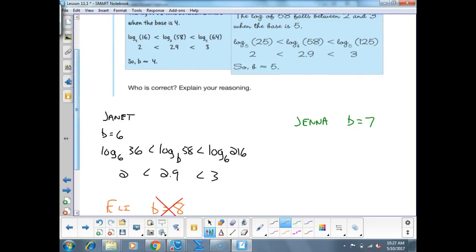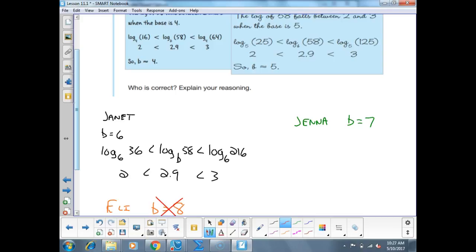Okay? Technically, they would be right. Who's the most accurate in their estimation? Mark is the most accurate. But technically, all 4 of them are right. Okay? But Mark is the most accurate of the 5.